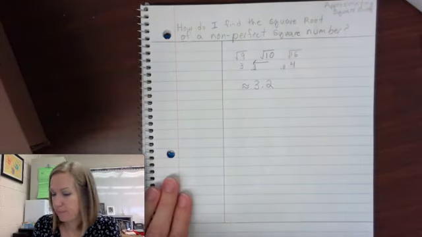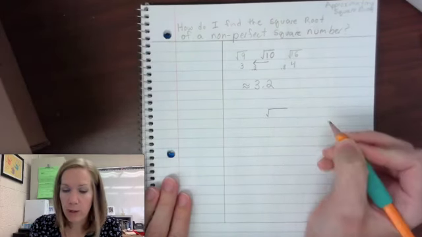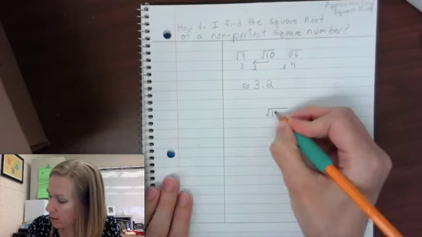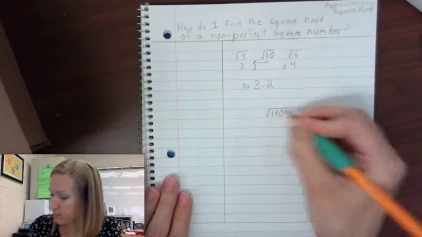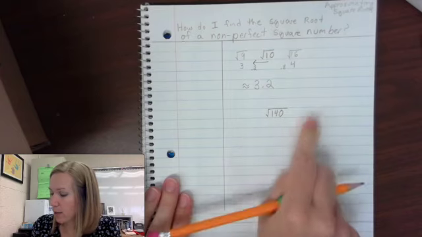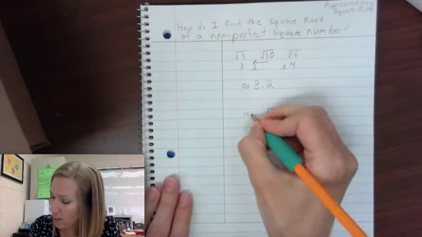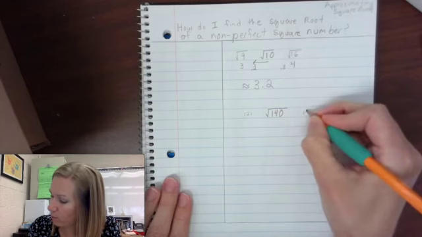Let's do another one. Let's find the square root of 140. Now, once again, we're going to find the perfect squares on either side of 140. So we have 121 and we have 144.